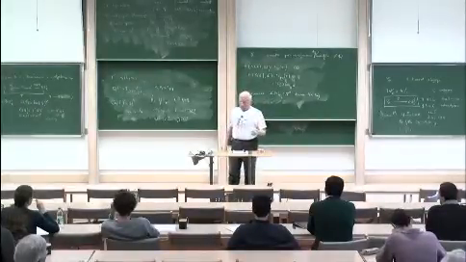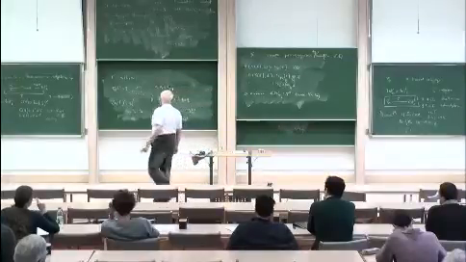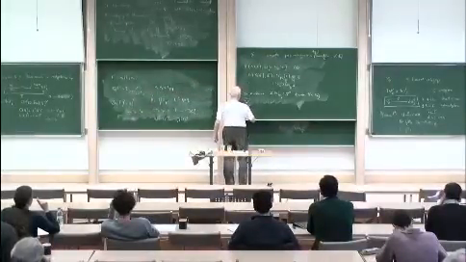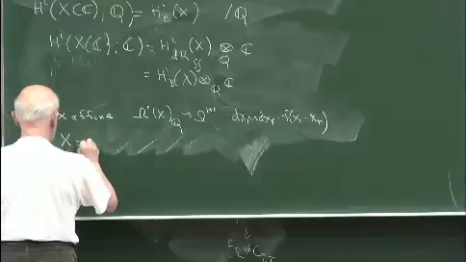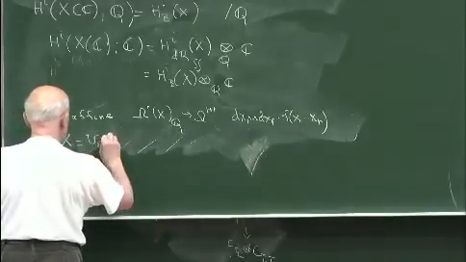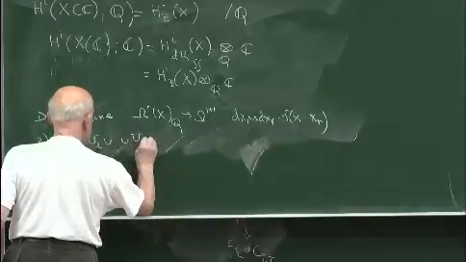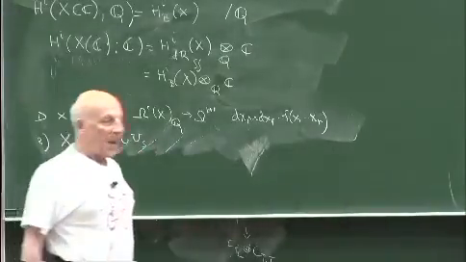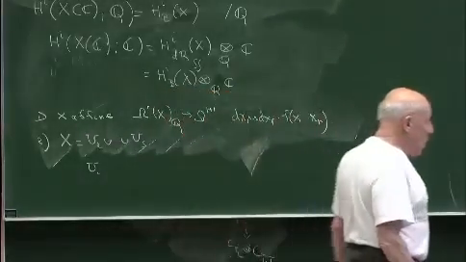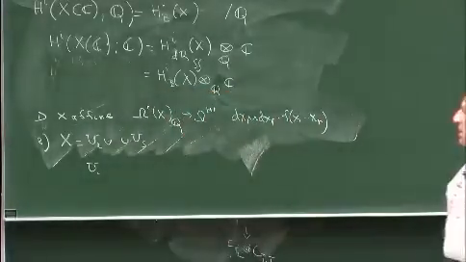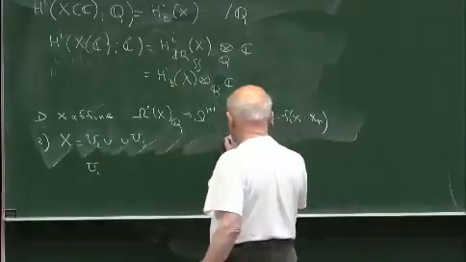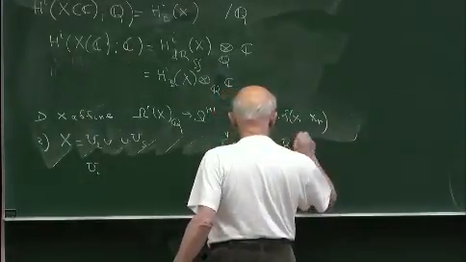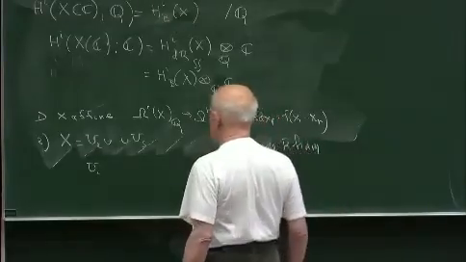So, now if X is not affine, you represent X as the union U1, ..., Us, where each Ui is an affine variety, and then you have a double complex, which I call the Čech-de Rham complex, which is obtained as follows.